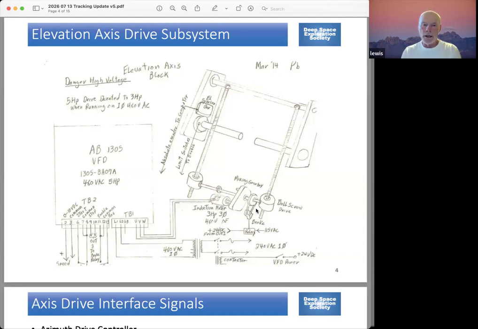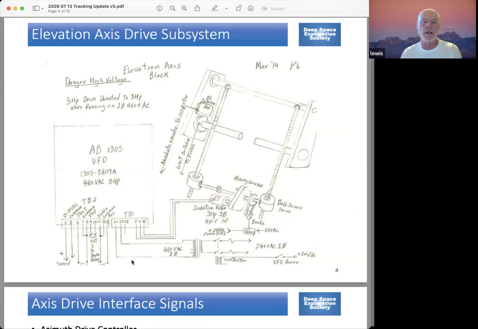Then down at the very bottom, well, let me see. I'll talk about the control first and then the power. But for the control, there are actually two signals you can control: the run forward and run reverse. As you would expect, run forward I believe is the up direction, and then reverse is the down direction. So the system one has to set one or the other of those depending on the direction it wants to go.